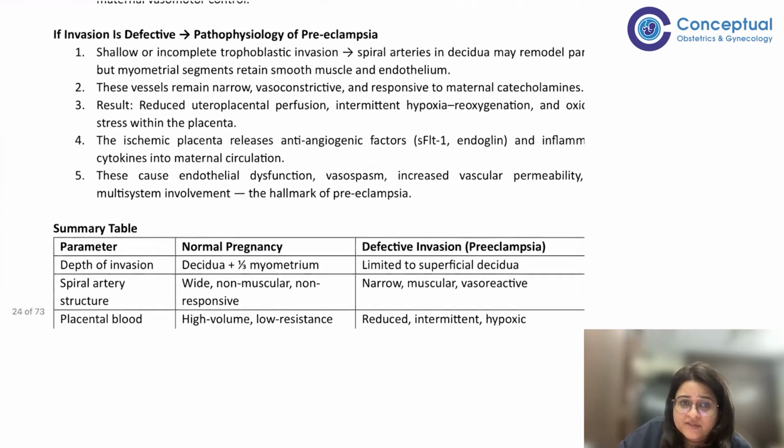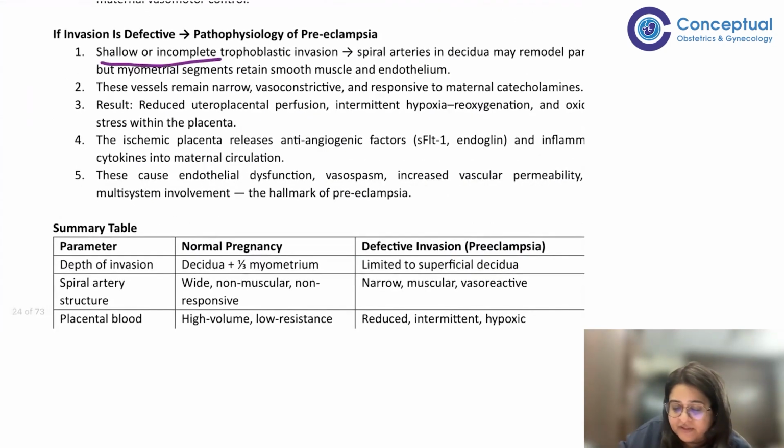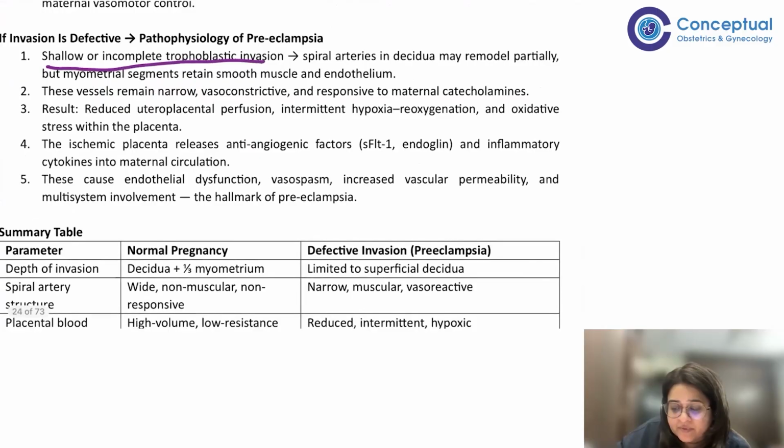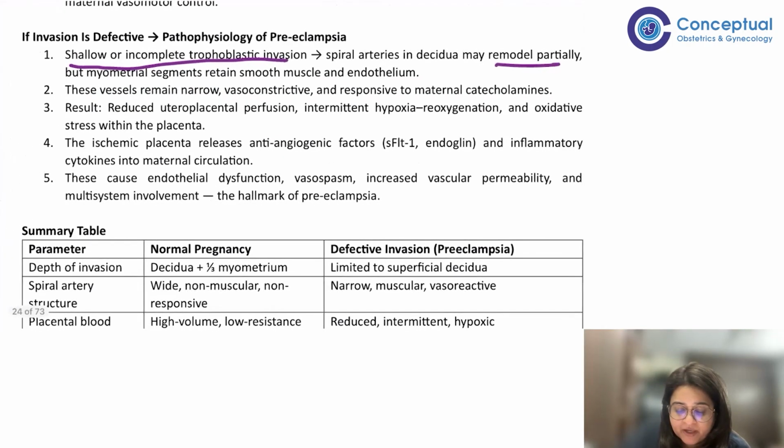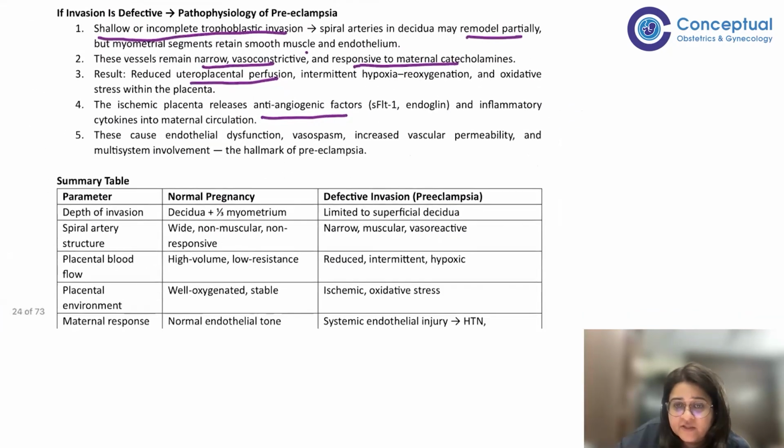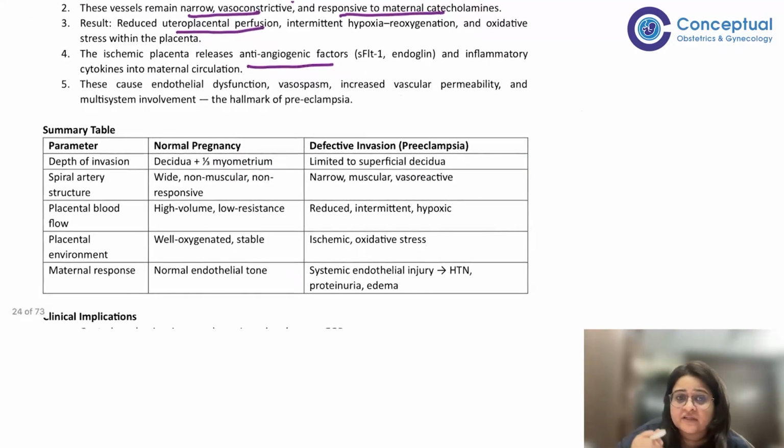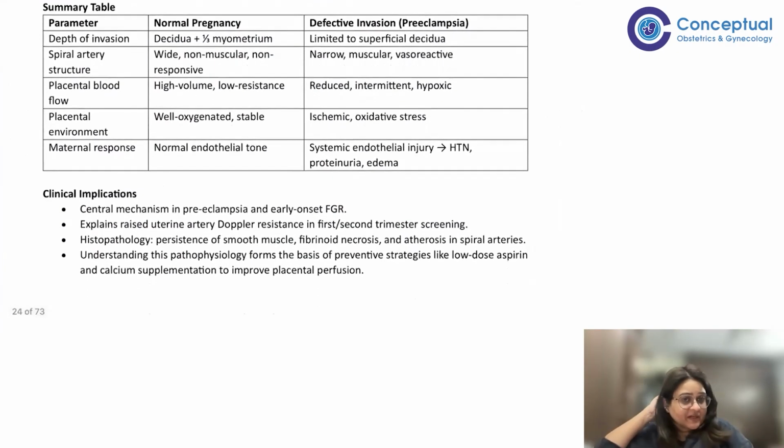So what happens is there's shallow or incomplete trophoblastic invasion. The spiral arterioles may be remodeled partially, but the myometrial segments remain smooth. These vessels remain narrow and responsive to maternal catecholamines, and this results in uteroplacental hypoperfusion. This releases anti-angiogenic factors and inflammatory cytokines, which further cause endothelial dysfunction in different organs. So that's what's happening in preeclampsia.